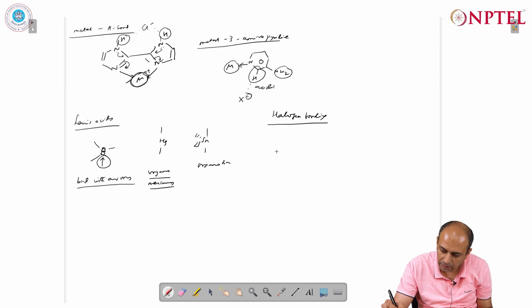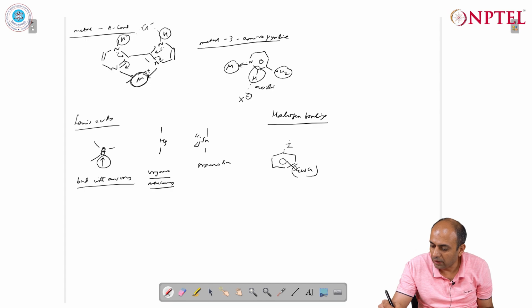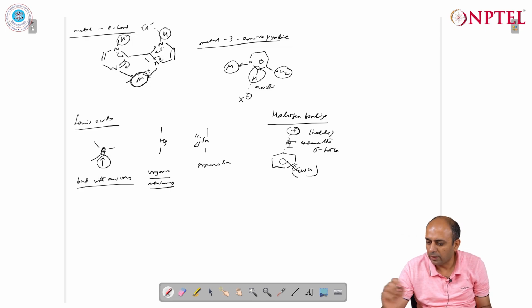For example, if you have electron withdrawing groups, then that will enhance the sigma hole, and this can now bind with a halide or negatively charged species. This can bind with a halide, a negatively charged species.